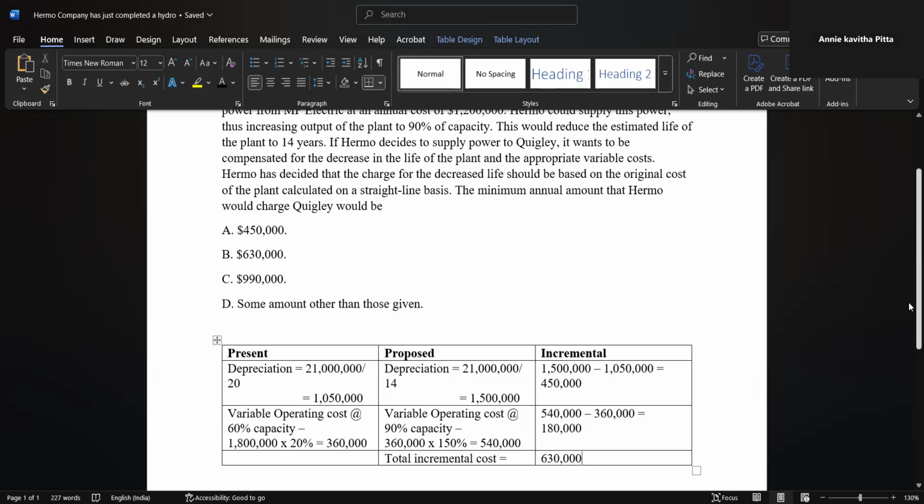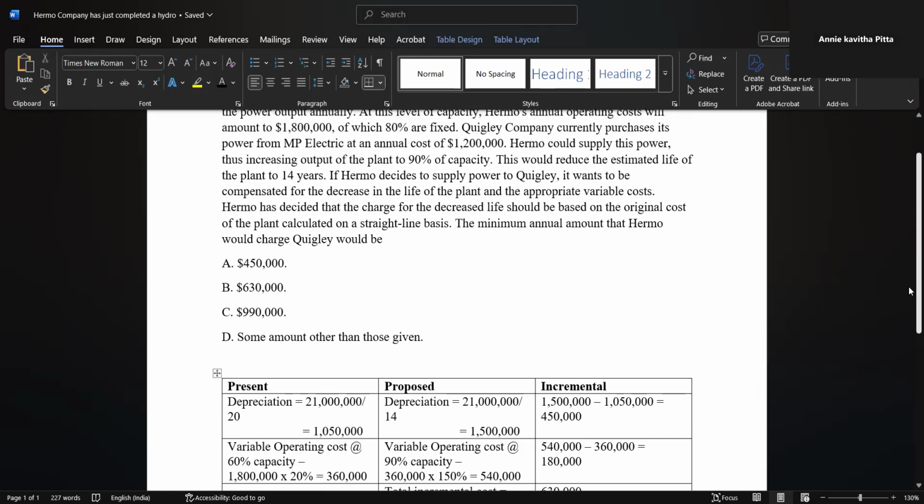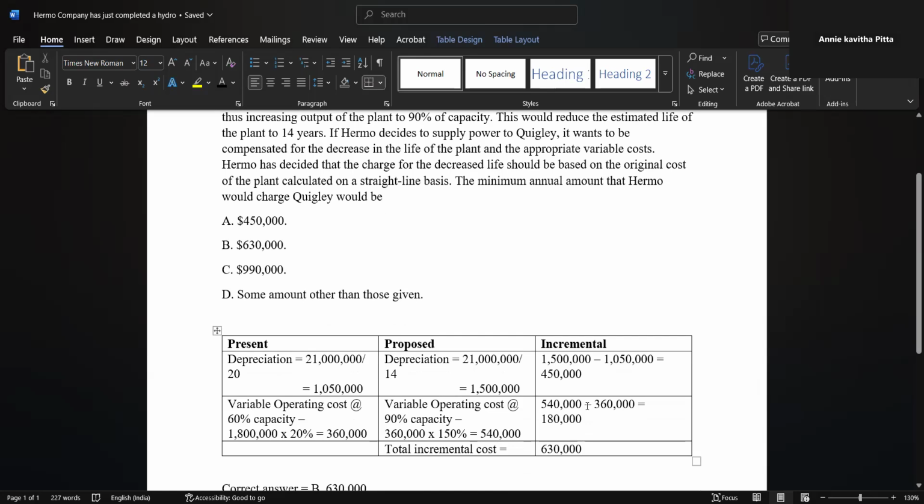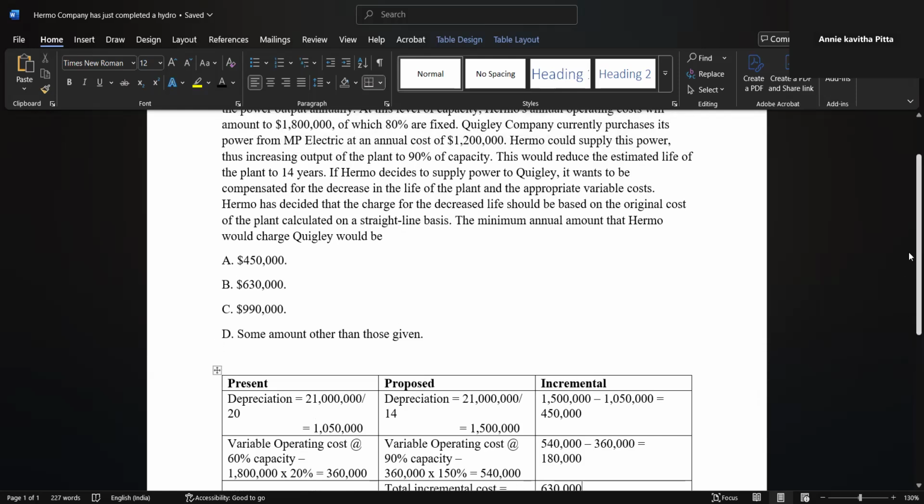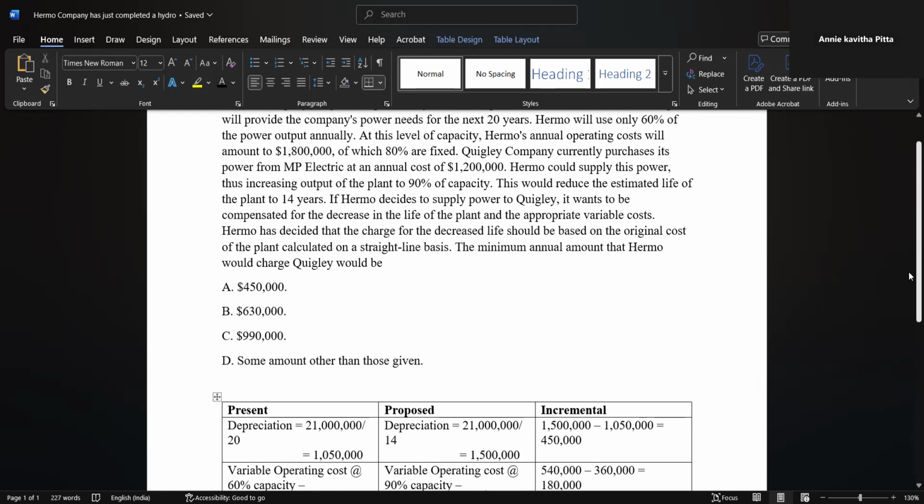Now, the anticipated change will increase the plant capacity to 90%. When there is an increase in the capacity, this will result in the variable component of the operating cost increasing. The fixed component would remain the same. So now, 360,000 is at a capacity of 60%, and it would increase to 90%.